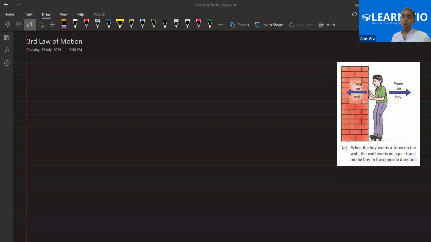The ground is also exerting a reaction force of equal magnitude in the upward direction. Clear? If I'm pushing a pen in the inwards direction, the force applied by the pen is in the outward direction. The magnitude would be the same, only the direction will be opposite to each other. Clear, everyone?